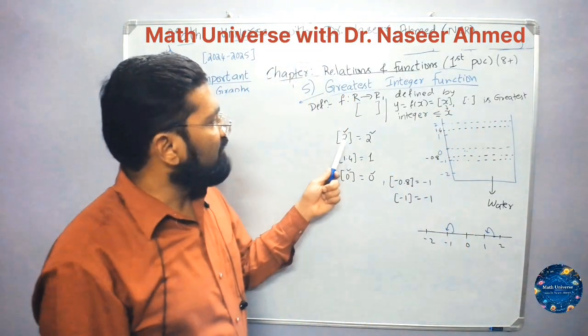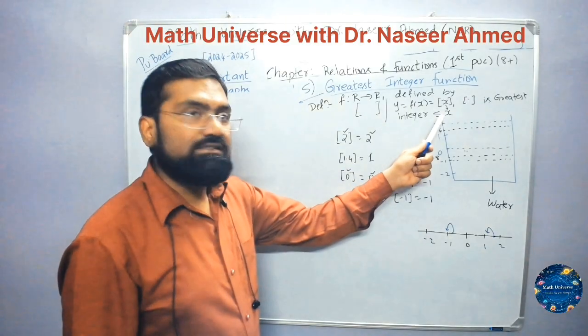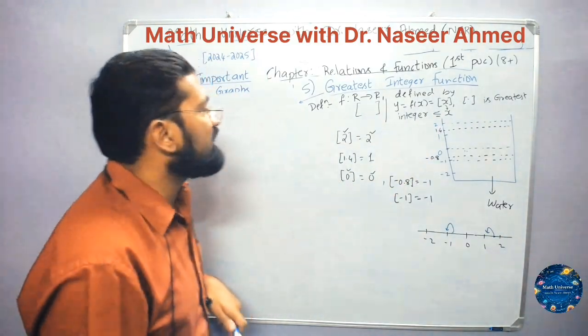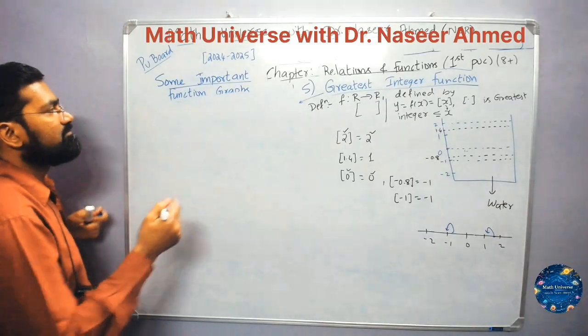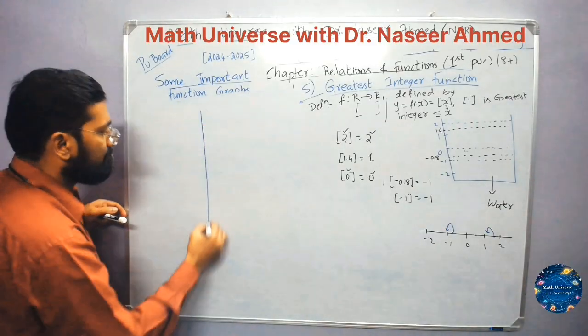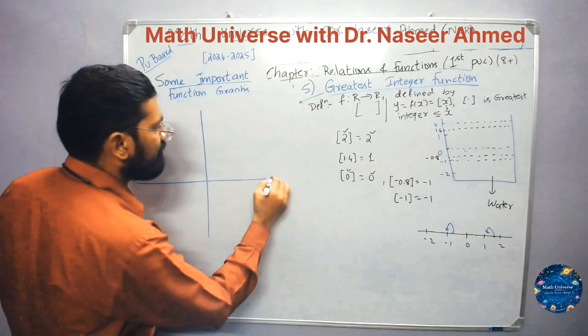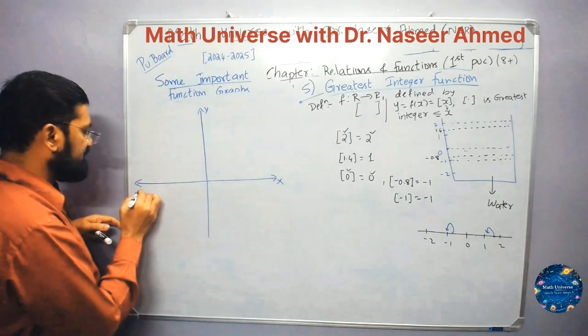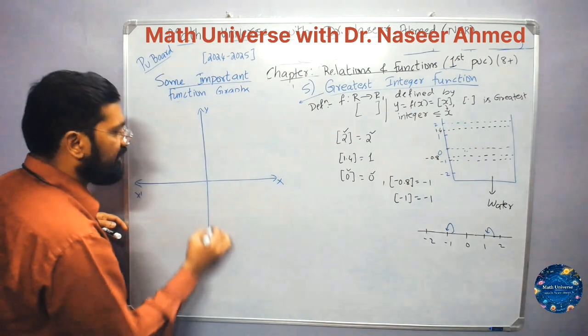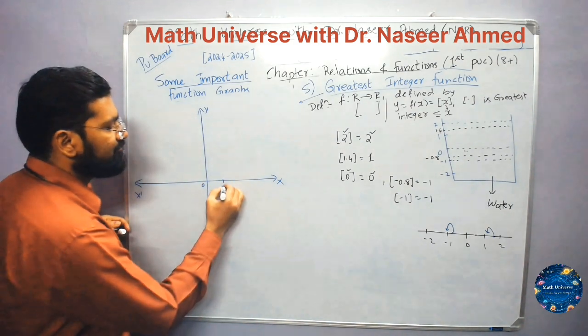Equal when, as you can see, whenever it is an integer, and less when it's not an integer. Okay. So now let us plot the graph. And here we are going to use the concept of constant function. See carefully, pay attention.